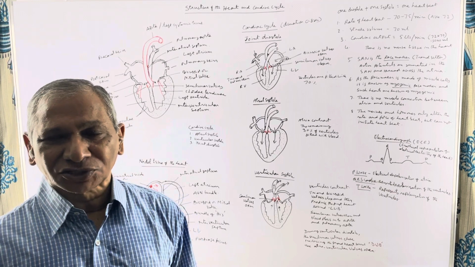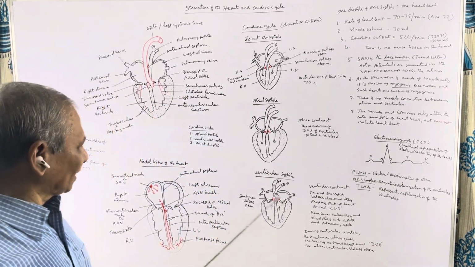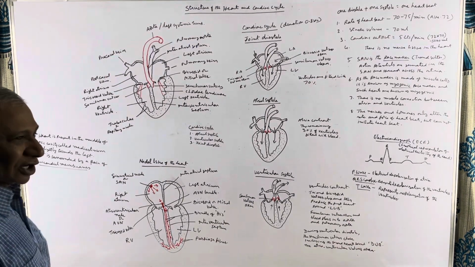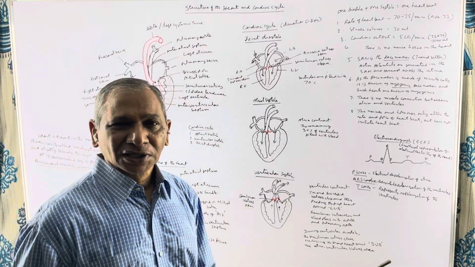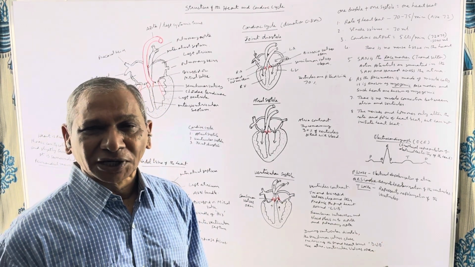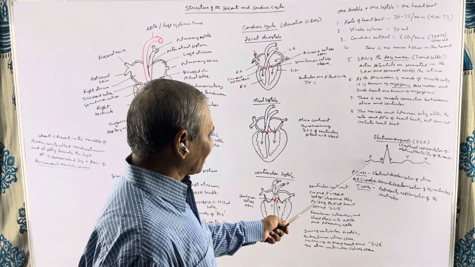The cardiac muscle tissue remains in a polarized state. When the action potentials are released from sinoatrial node, what happens? The atrial muscles undergo depolarization. Thus, depolarization is represented by the P wave.